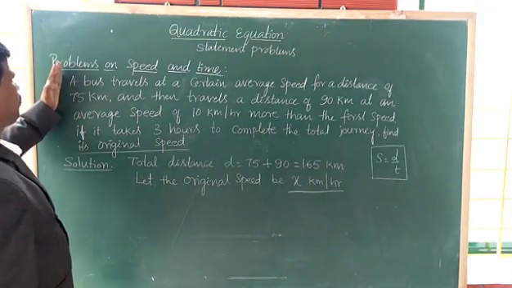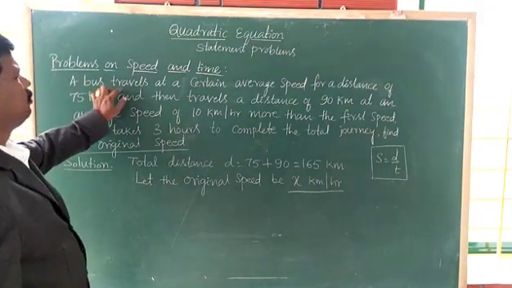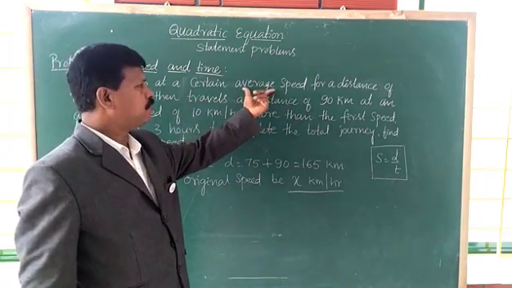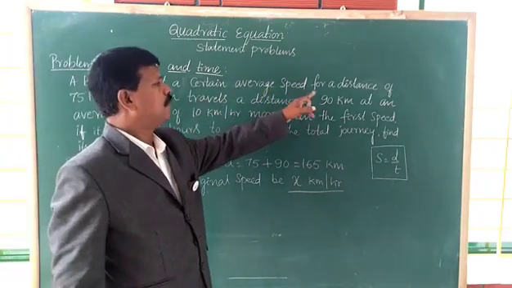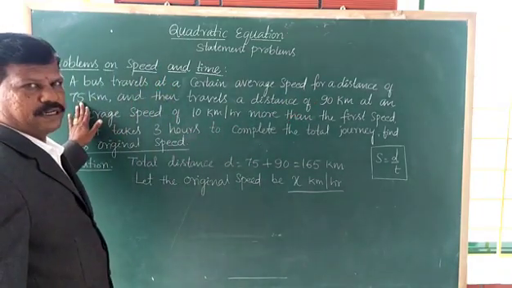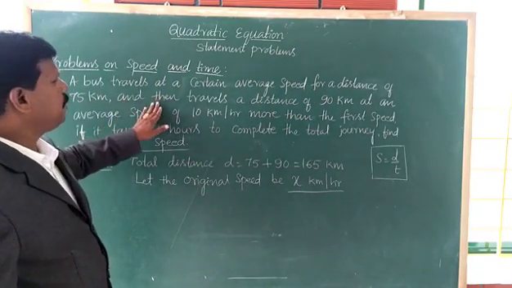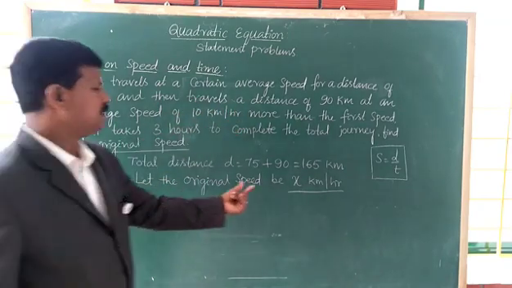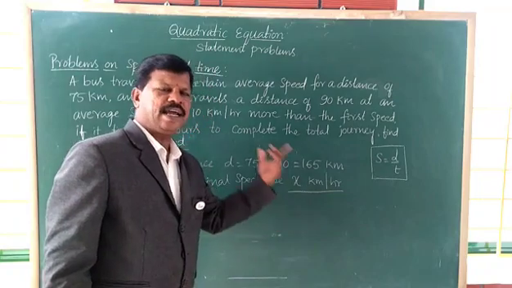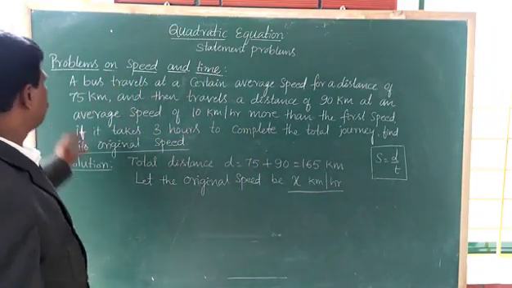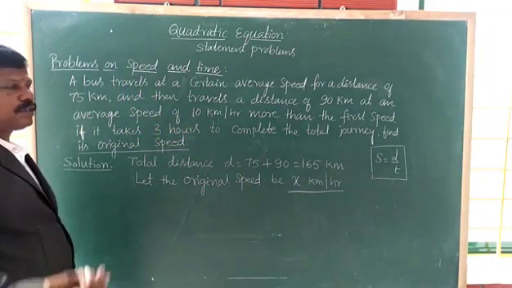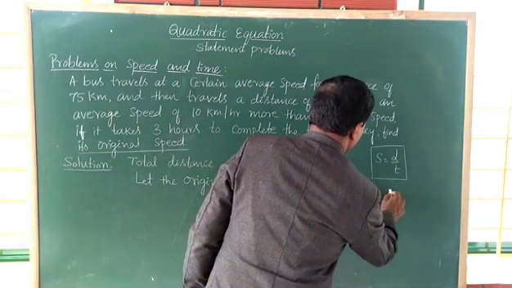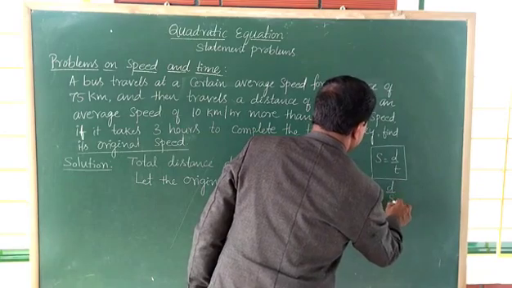Now let the original speed be x kilometer per hour. Coming to the first part: a bus travels at a certain average speed, which we don't know, for a distance of 75 km. And then travels a distance of 90 km. First, the bus speed is x kilometer per hour. Then to travel 75, what is the time taken? Here t is equal to d by s.